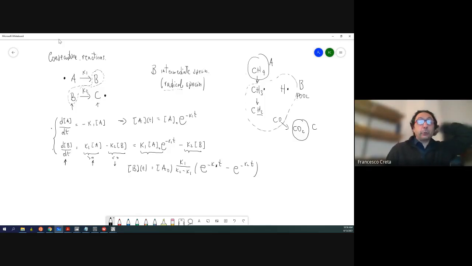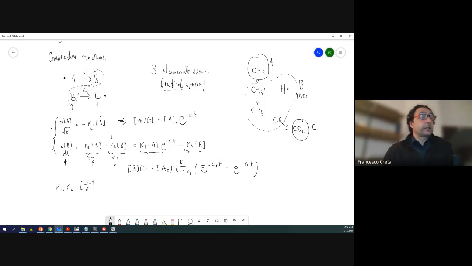I would like to also underline a very important thing. Look at the units here, both for K1 and for K2. You see that dA by dt is essentially molar concentration per unit time. So on the right, you have a molar concentration, and so K is 1 over time. So both K1 and K2 have dimensions of 1 over seconds.